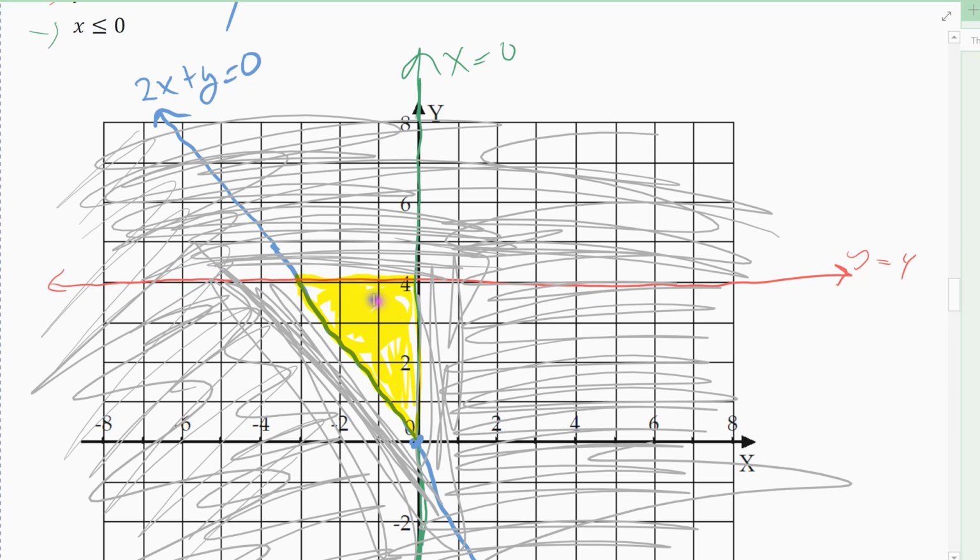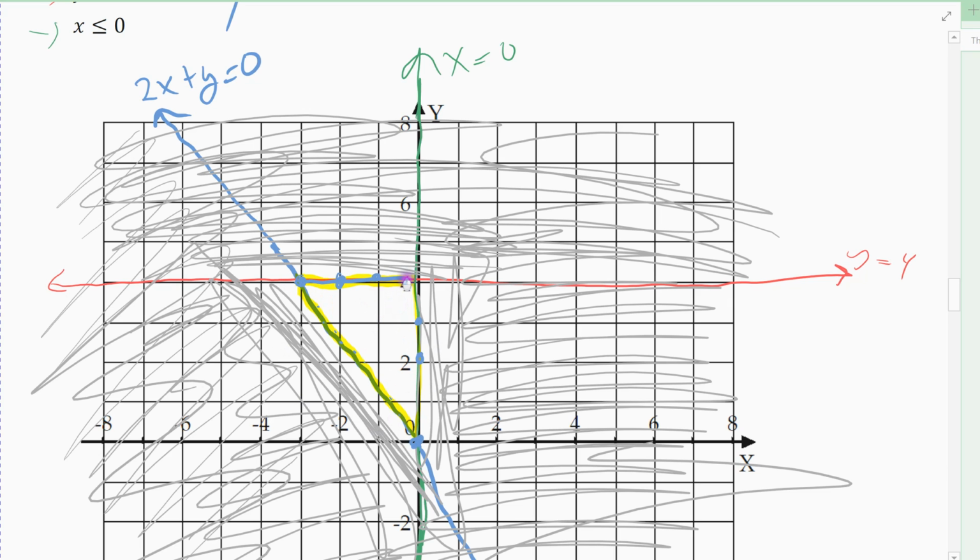If I pick a point on any of those edges, it makes all three inequalities true. This point, any of these points, and any of the fraction ones I can select in this unshaded part.